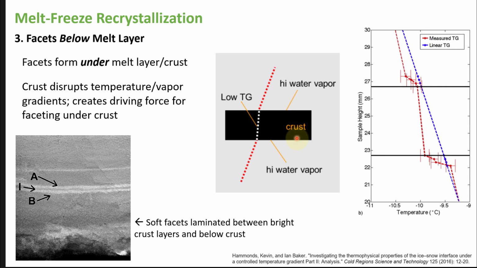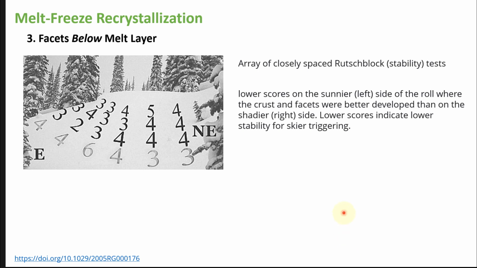So the thickness of this crust and its distribution over a particular slope are really important for exactly the overall magnitude of these temperature gradients, and really whether or not facets will form at all, since this is a really thin layer.